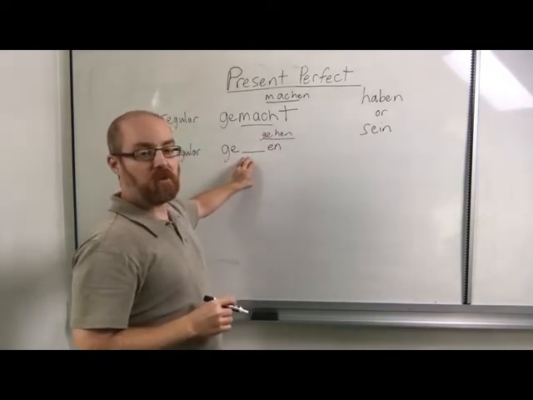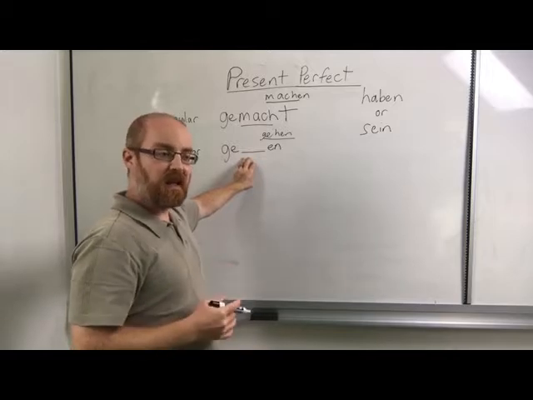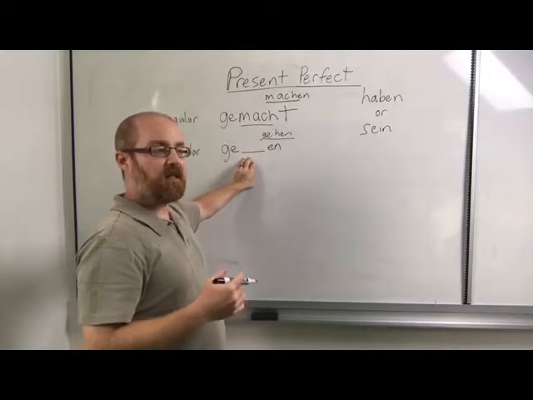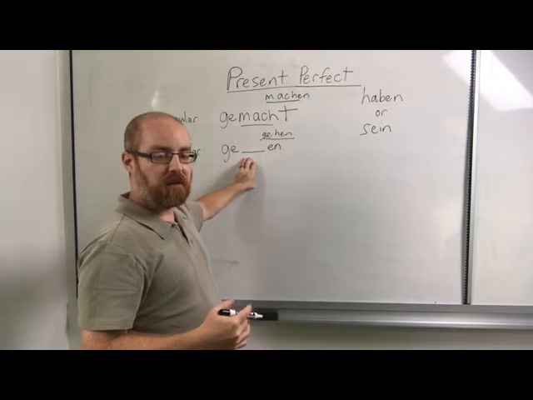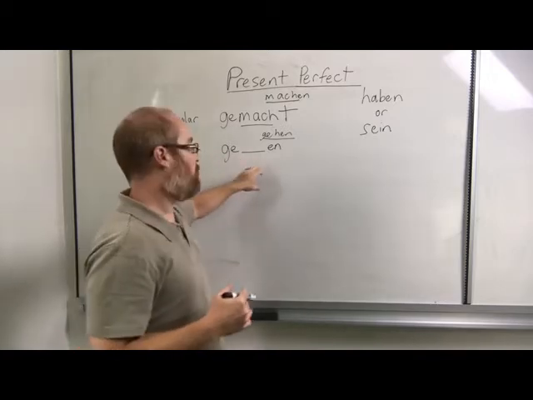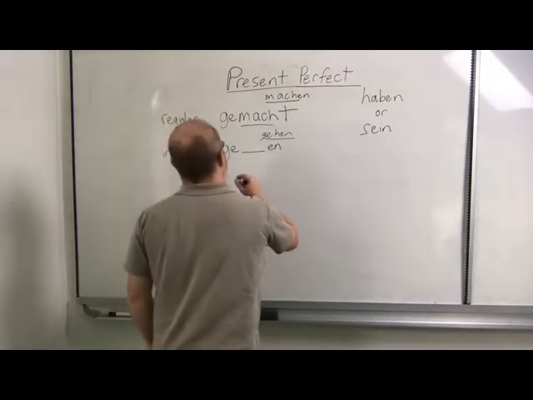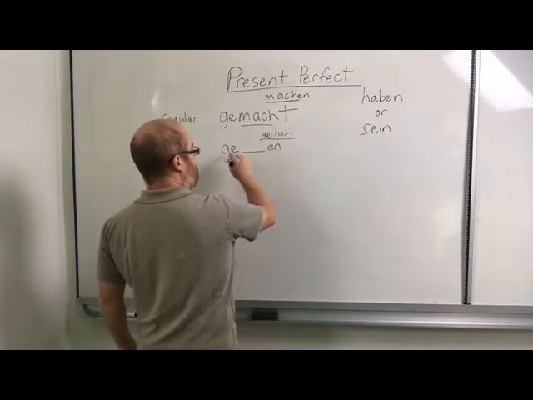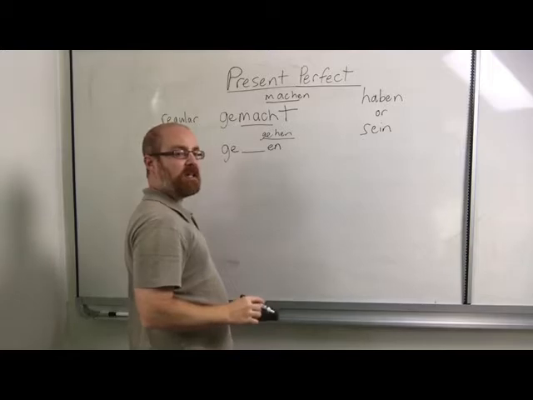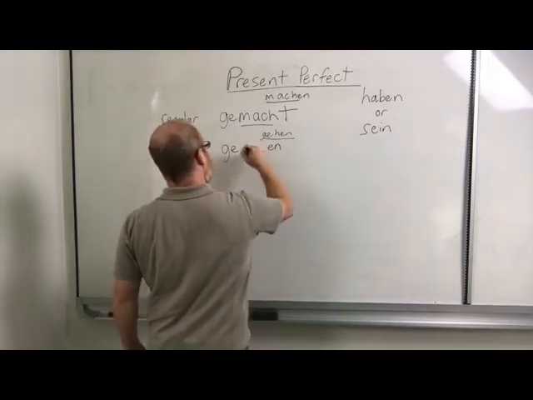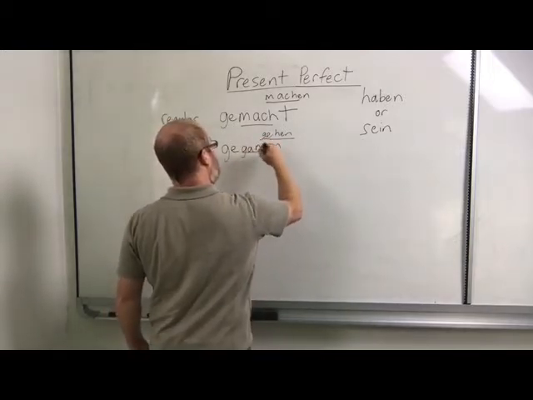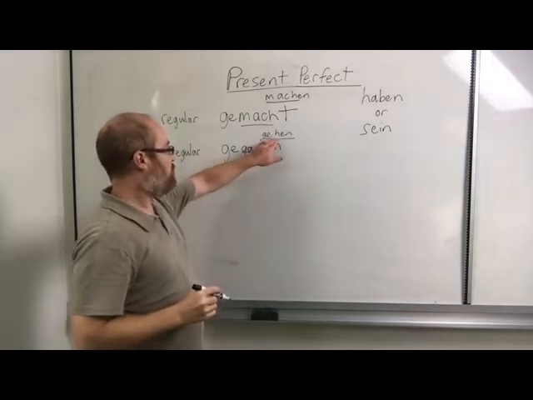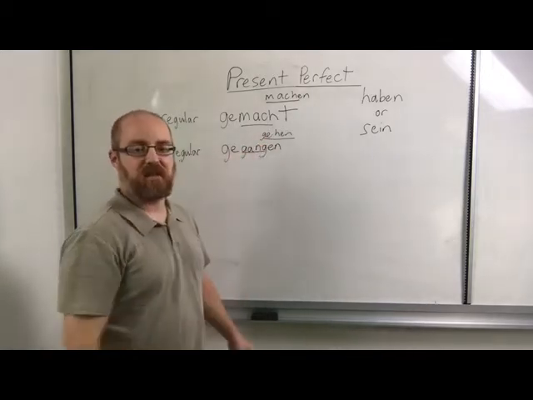Now the stems can do several things. They can stay the same, they can have a different vowel, or they can have an altogether different spelling or several spelling changes. So gehen, if we look at the stem, it's GEH. The past participle is not gegehen, but it is gegangen. Okay, so GEH, GANG. That's a pretty significant difference.